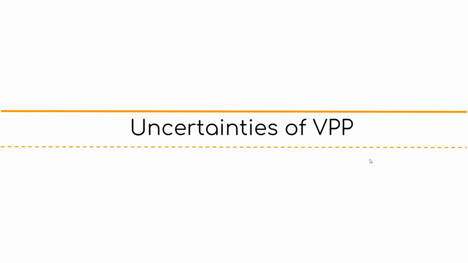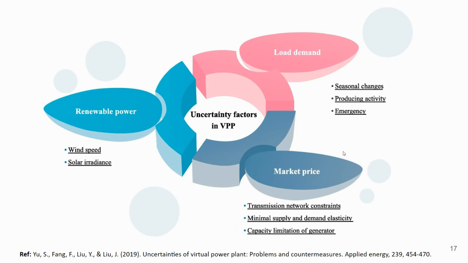Now, uncertainties. In this figure, the different sources of uncertainty and the reasons behind the uncertainties in those sources have been depicted. First, the uncertainty in the renewable power is mainly caused by the variation in the wind speed and solar irradiance.